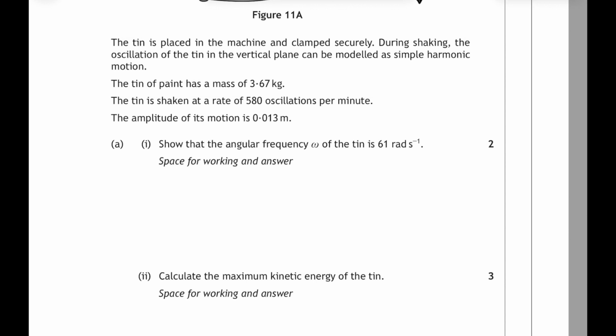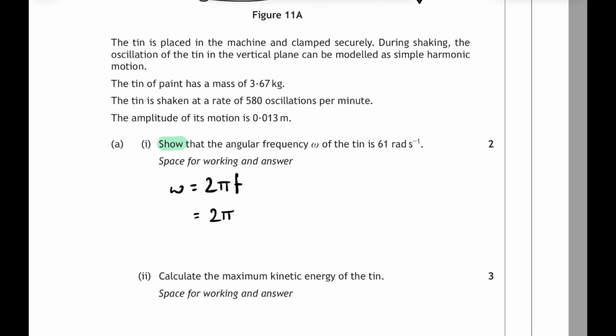And the tin of paint has got a mass of 3.67 kilograms. The tin is shaken at a rate of 580 oscillations per minute, and the amplitude of the motion is 0.013 meters. And for part a 1, we have to show that the angular frequency omega of the tin is 61 radians per second. Straight to the relationship sheet then, and omega equals 2 pi f.